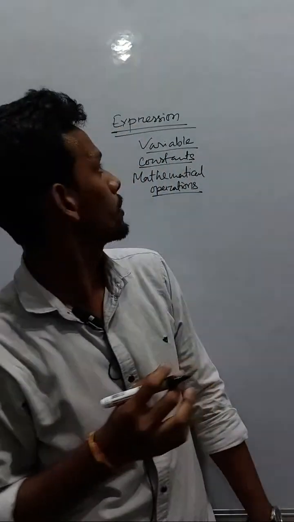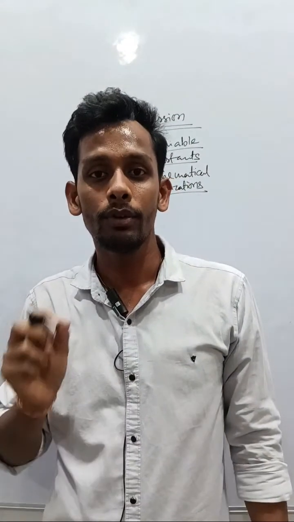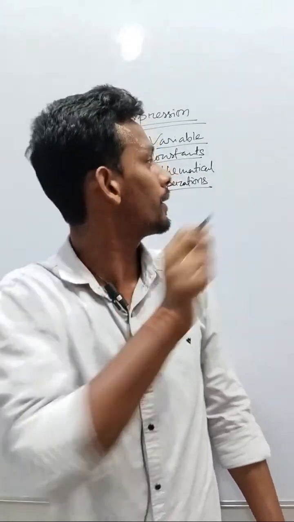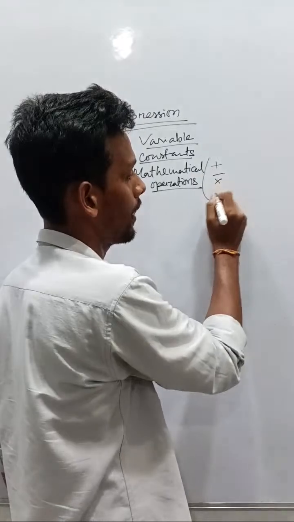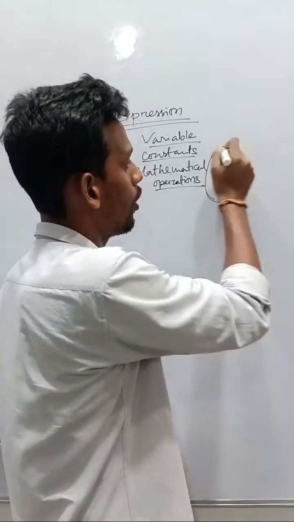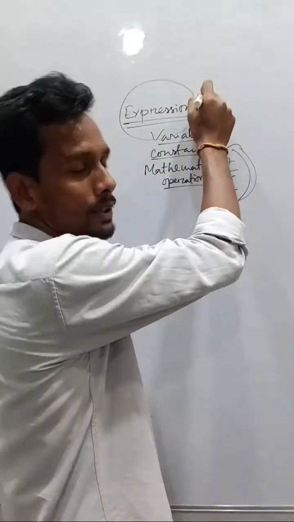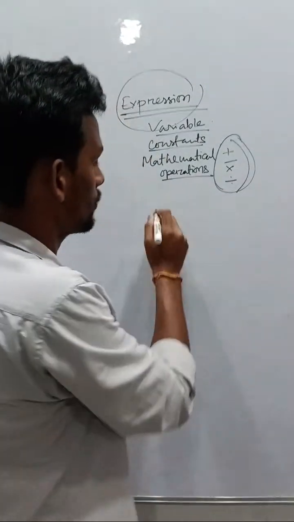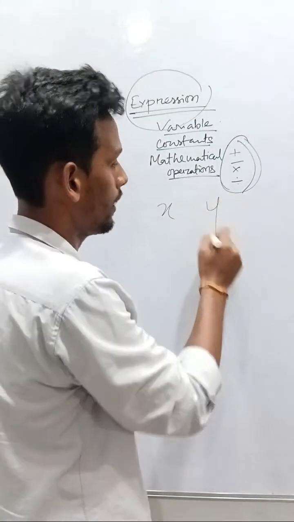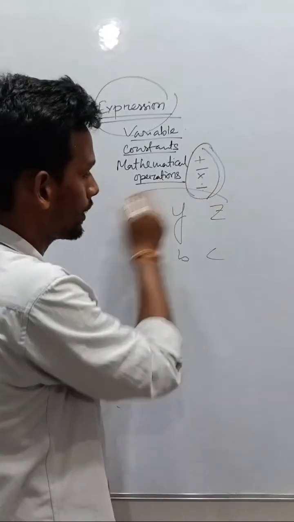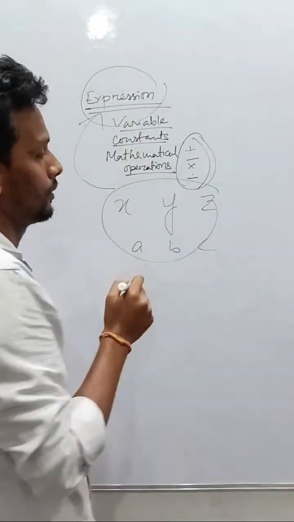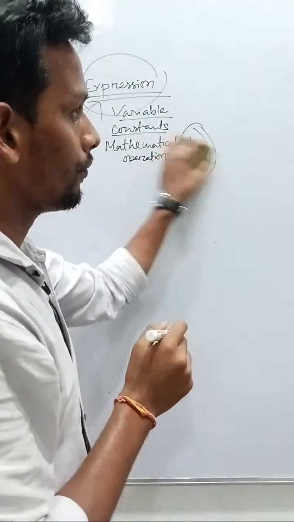So what is an expression? Suppose a variable, constant, and mathematical operations also, that is plus, minus, multiply and division, all together joined make an expression. It may be like x, y, z, a, b, c, all together combined in an expression.